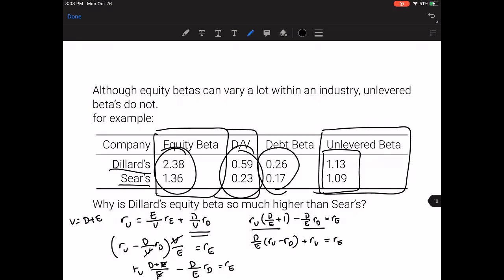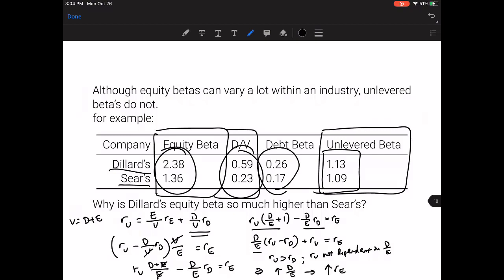All right, so what this tells us is that if RU is not dependent on the ratio, and also assume that RU is greater than RD, and so let me write that, RU not dependent on D over E, then if we increase debt to equity, or the leverage of the firm, that's going to have an increase in RE.